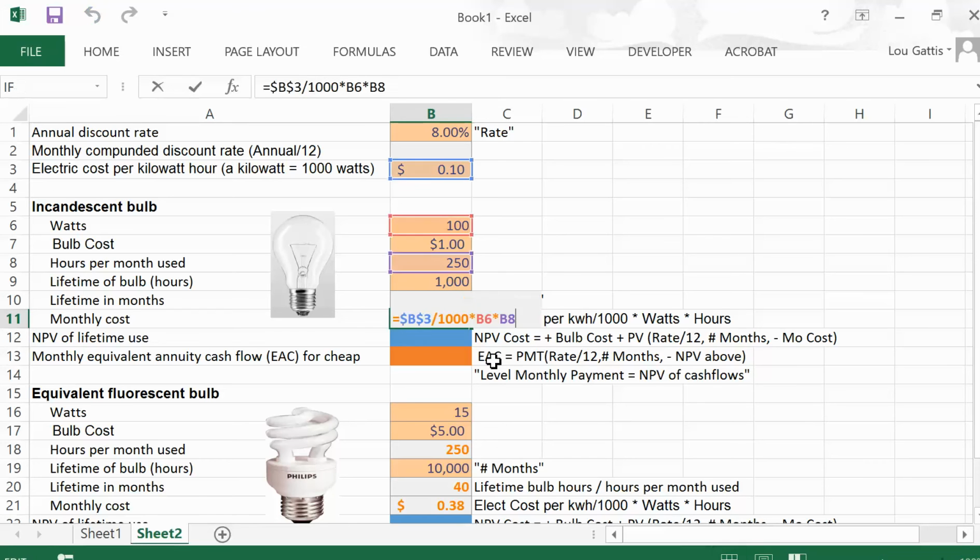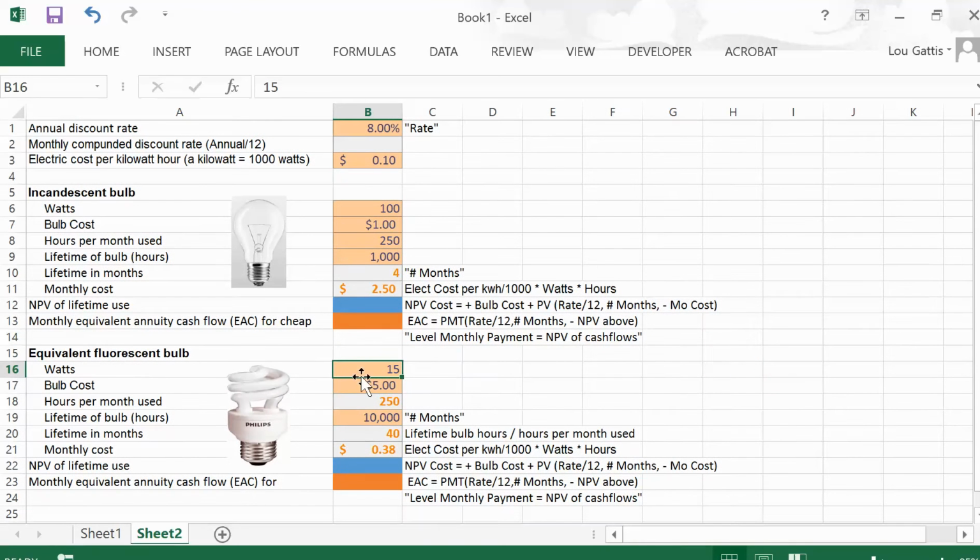Now the monthly cost in electricity, if I take the number of hours used per month times the watts times the cost per kilowatt hour, it turns out to be about $2.50 per month to use this bulb. Now if I do the same thing with my fluorescent bulb, those bulbs have the same brightness, same number of lumens, and it has 15 watts, so it's going to be much less electricity. However, the bulb costs about $5.